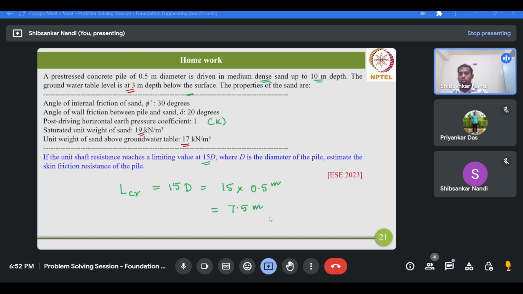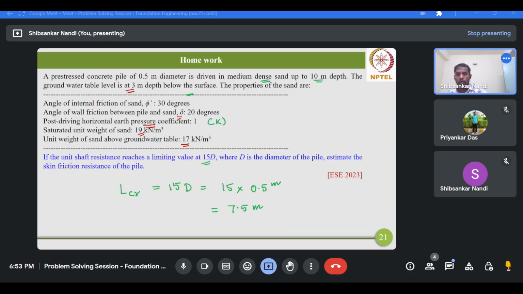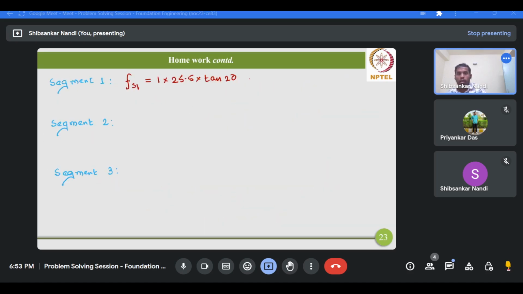Now the post-driving horizontal earth pressure coefficient is given as 1, and the angle of wall friction between pile and sand is given as 20 degrees. Therefore the unit skin friction resistance Fs1 is 1 multiplied by 25.5 multiplied by tan 20, where this is Kp.